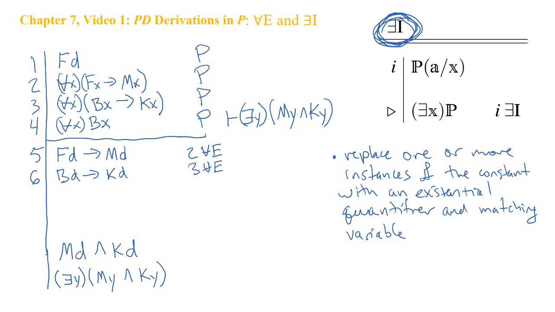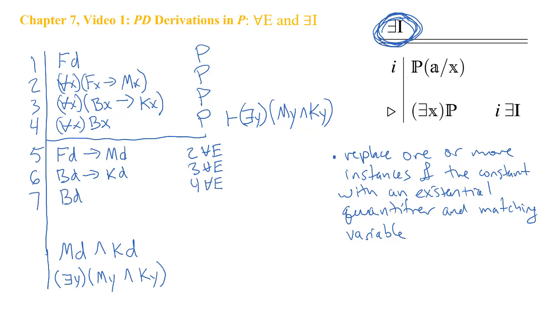And now I see if I can just get Fd, which in fact I have in line 1, that'll help me get the Md. And if I could just get Bd, that would help me get the Kd. Now, line 4 tells me that every x is B, so I can use another universal elimination here on line 4 to give me Bd.